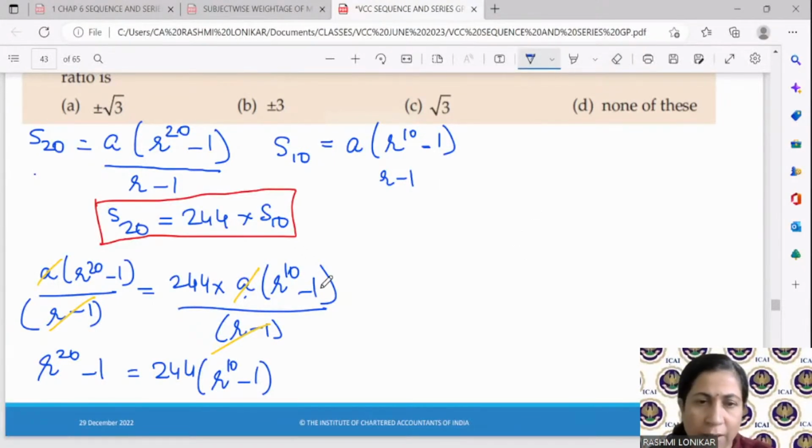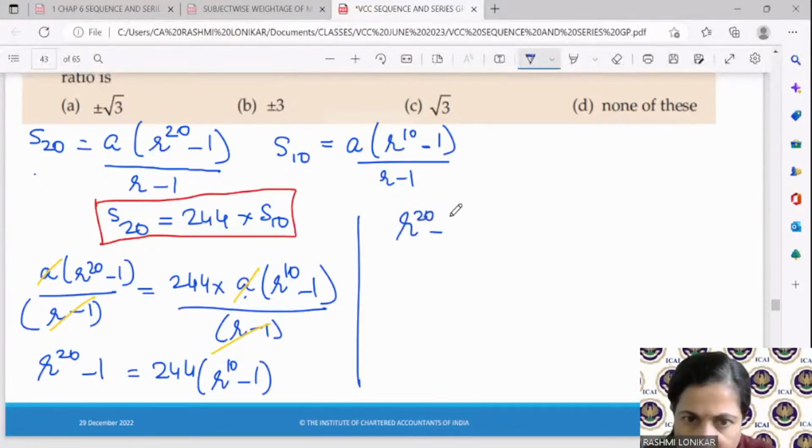So what do I have here? Now I will write R raised to 20 minus 1 and R raised to 10 minus 1, and this is equal to 244.